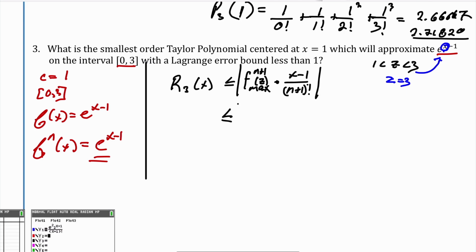Less than or equal to e to the 3 minus 1 times 3 minus 1 to the n plus 1 over n plus 1 factorial.